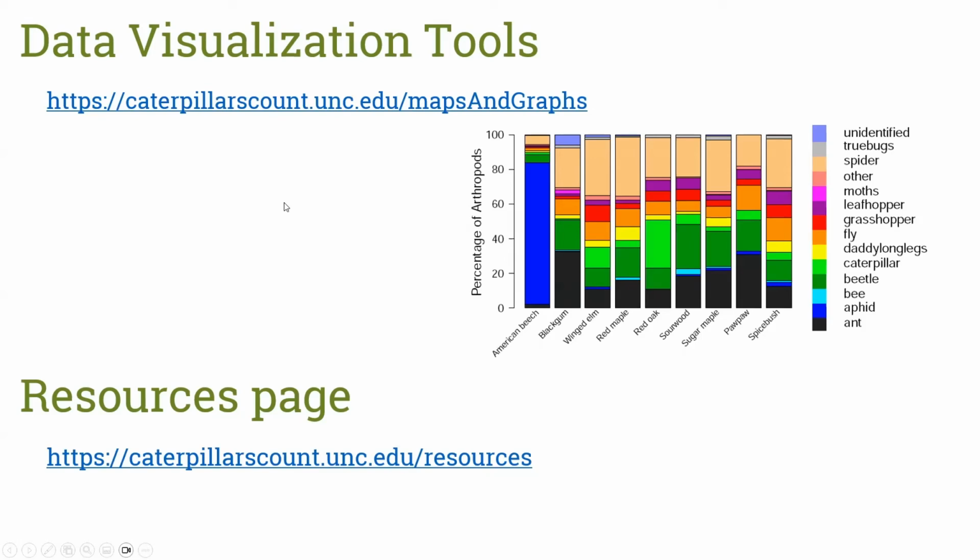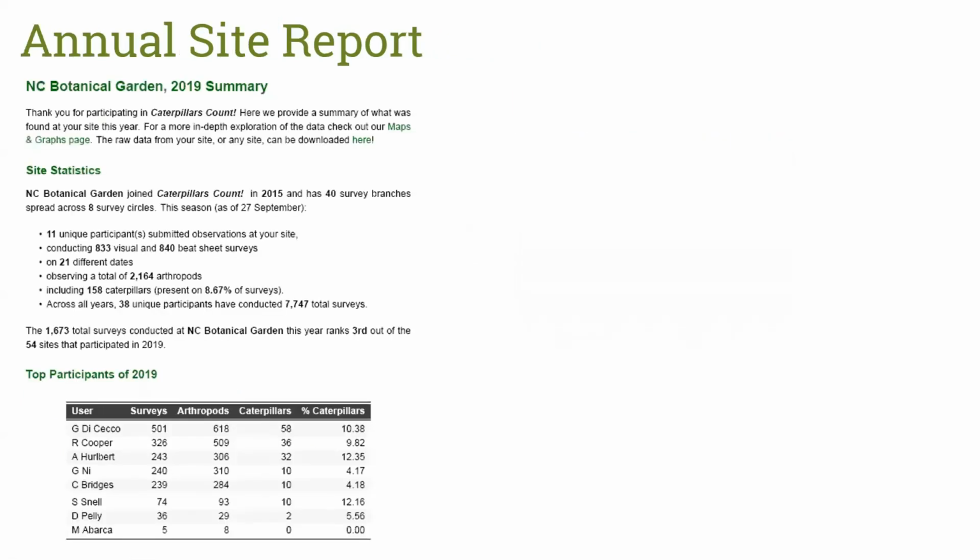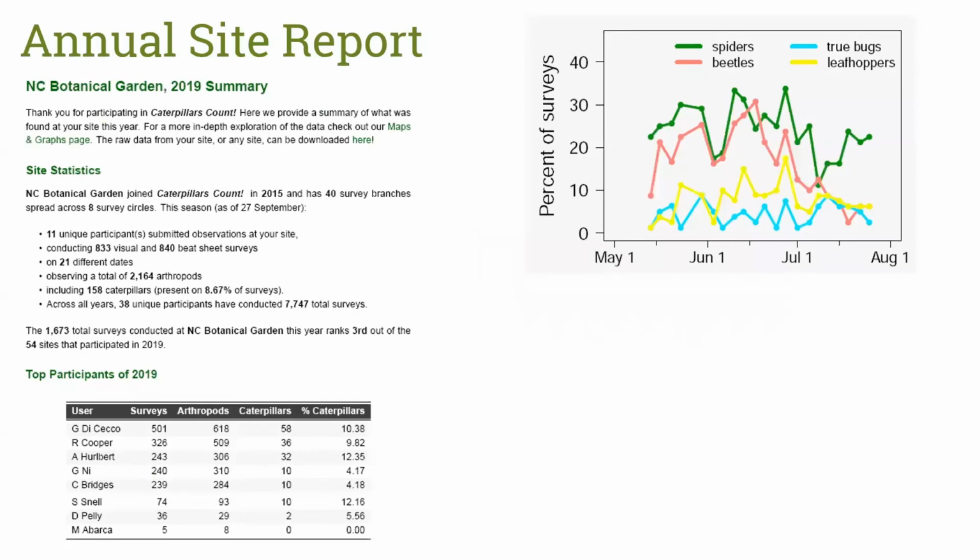Actually, before I go to the data visualization tools, I'll just mention, for every participating site at the end of the season, usually in December, you get an automated report that has summaries of how many people participated, how many bugs we found, just for fun, a leaderboard that ranks people based on what percent of the surveys they did had caterpillars.